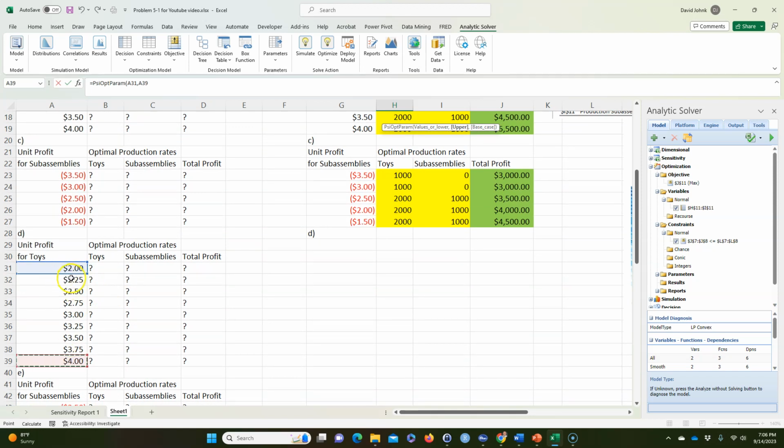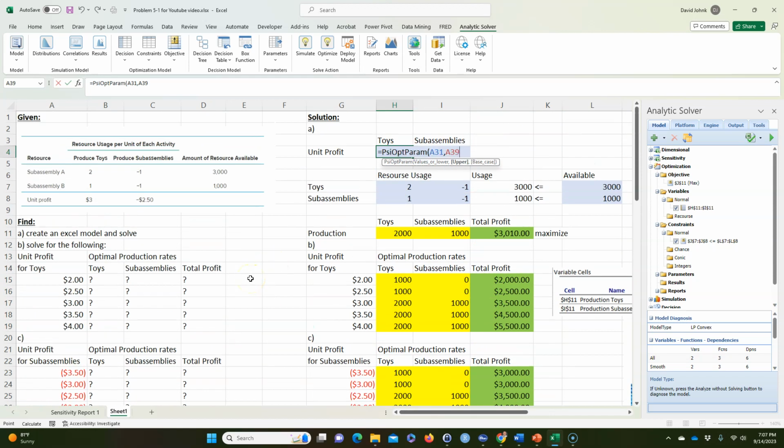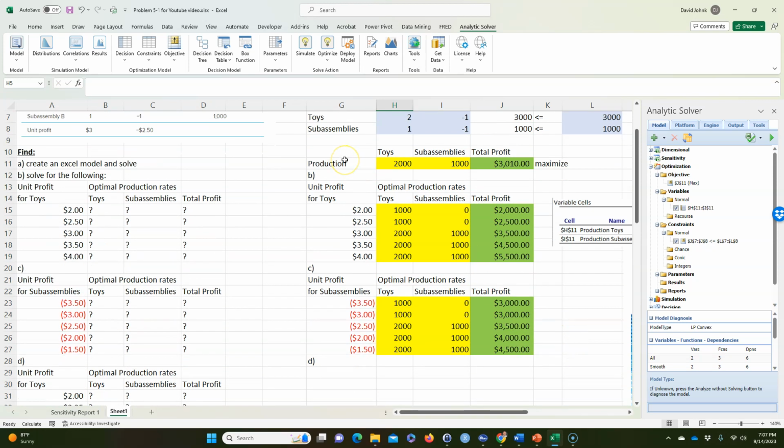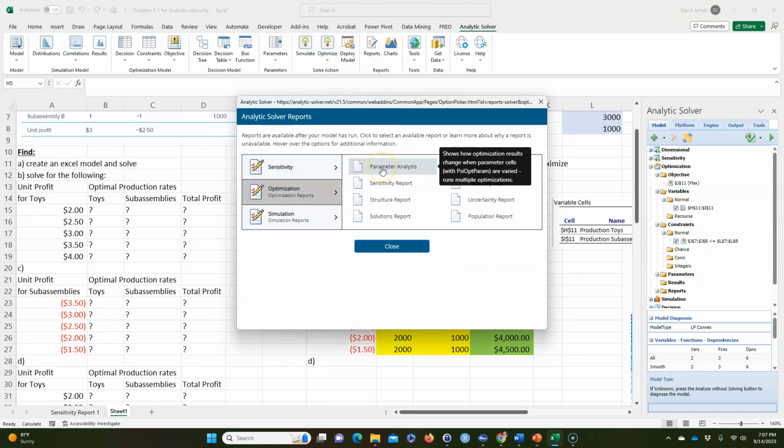And we have 1, 2, 3, 4, 5, 6, 7, 8, 9 different items. We want to make sure we know that. So I'm going to hit enter. And then I'm going to go to Reports, Optimization, Parameter Analysis.